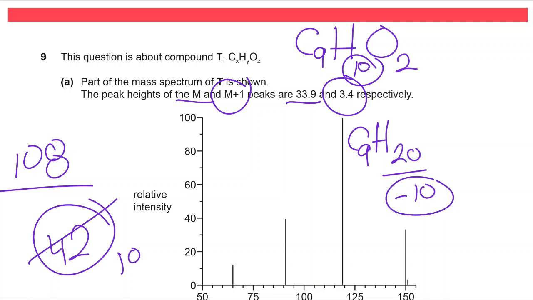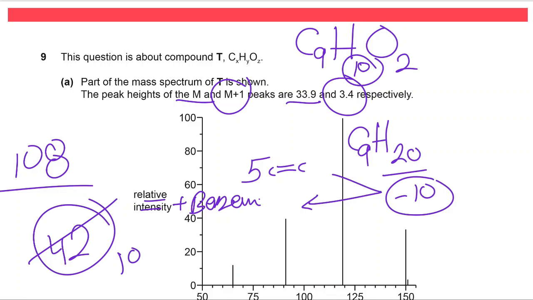What does that mean? These 10 could be 5 double bonds, or it could be a benzene ring plus double bond. Why benzene plus double bond?